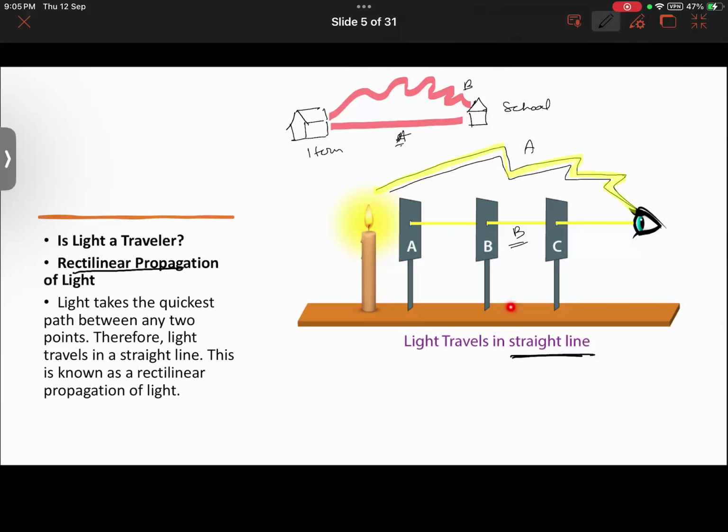No need to explain this whole setup. You simply have to state that light travels in a straight line because it takes the quickest pathway between any two points. That's why it travels in a straight line.